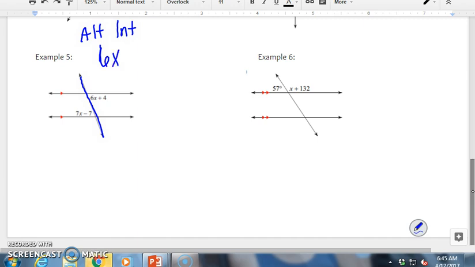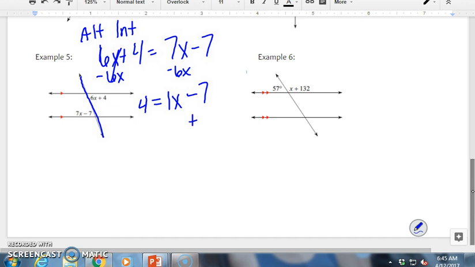So we have 6x plus 4 equals 7x minus 7. I'm going to subtract the 6x over. You get 4 equals 1x minus 7. We add the 7. 11 equals 1x. Divide by 1. X equals 11.